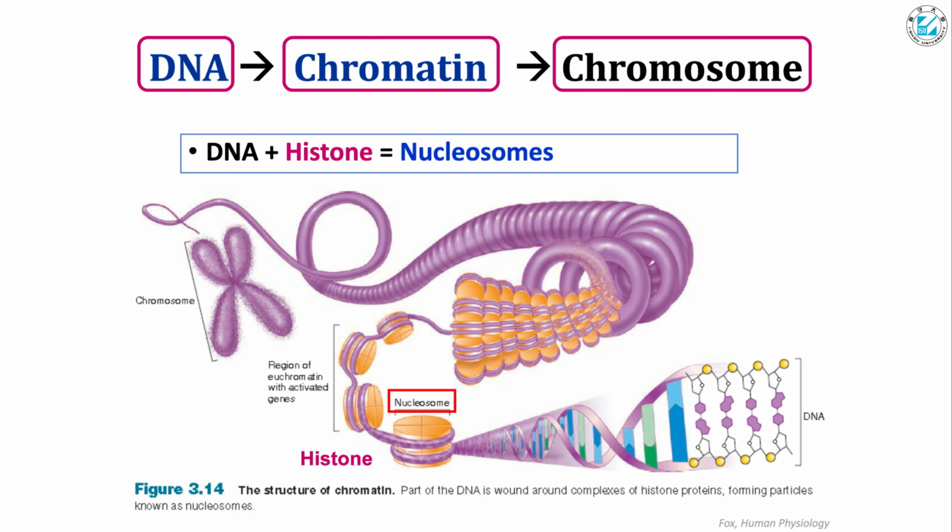In this chromosome, you see the chromosomes are folded by DNA plus the histone to form the nucleosome, and all the nucleosomes hold together and close tightly to the chromosome. So DNA folds to the chromatin and to the chromosome.